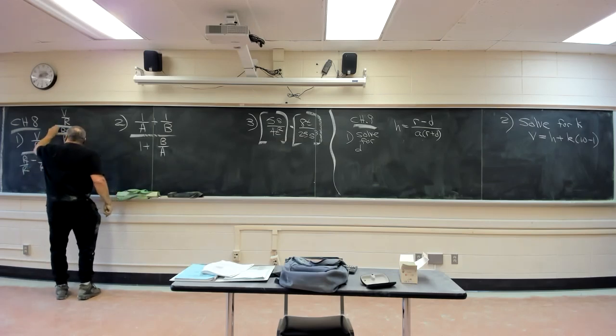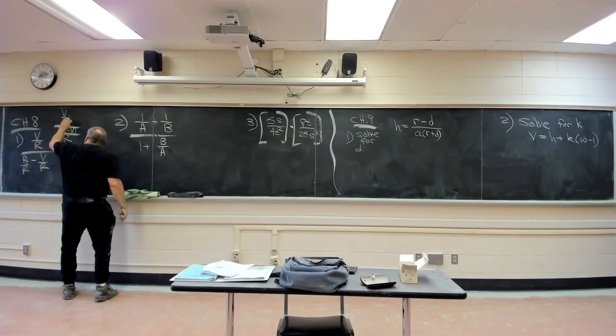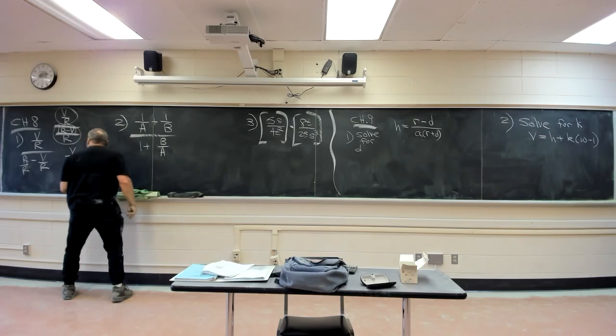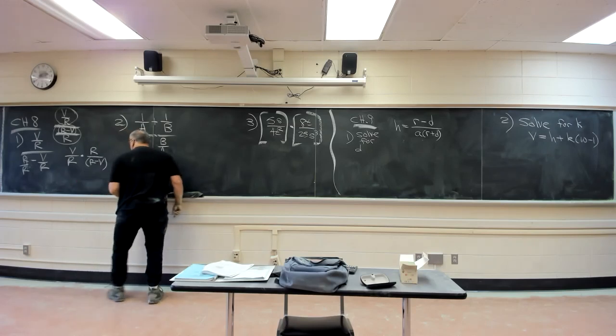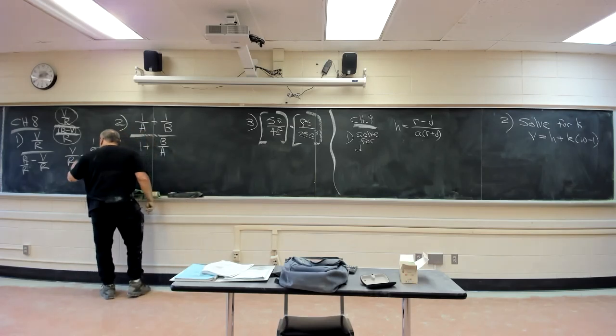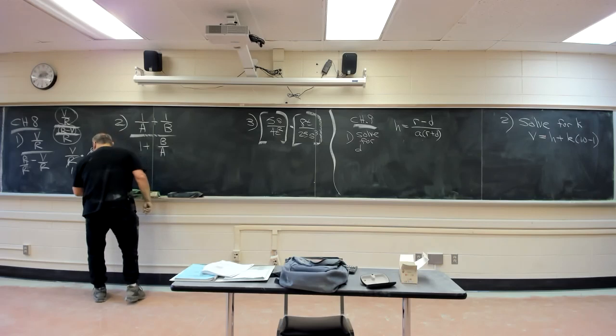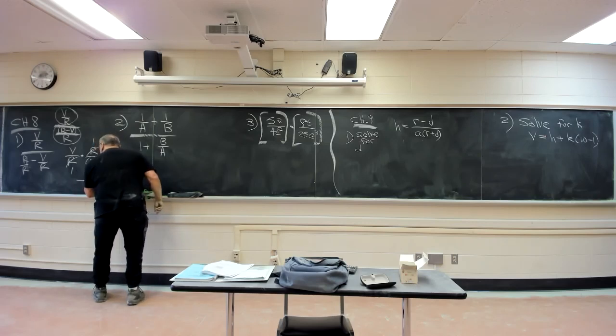If that's the case, put parentheses here. A fraction divided by another fraction is the first fraction left alone multiplied by the reciprocal of the second fraction doing the dividing. That's pretty interesting. The r's cancel. At the end of the day, you've got v over the quantity r minus v.